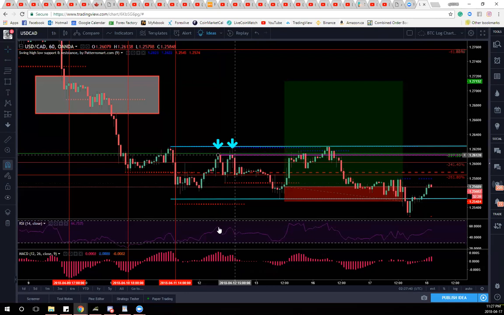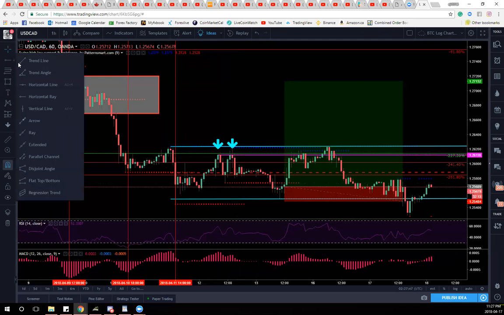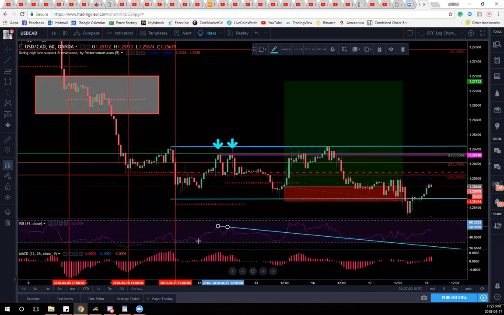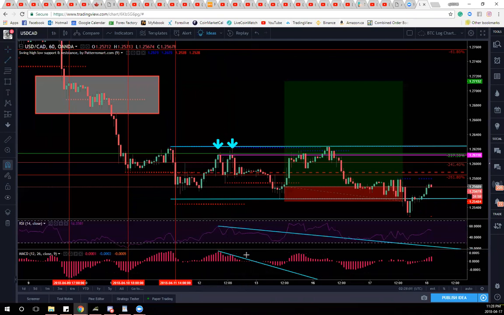And you have it on the RSI as well. Now, the only reason you would have to put a line is if you can't see it by eye. You just want to illustrate it for yourself and prove that it's going down. Like this. That's all.